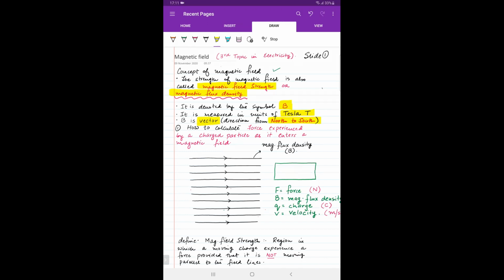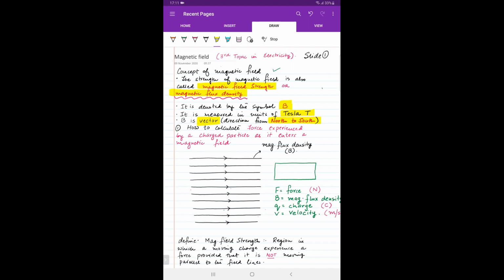Okay, so the strength of the magnetic field denoted by the term magnetic flux density, denoted by the symbol of capital B. It is measured in units of Tesla. It is a vector quantity whose direction is from the north pole of the magnet towards the south pole.